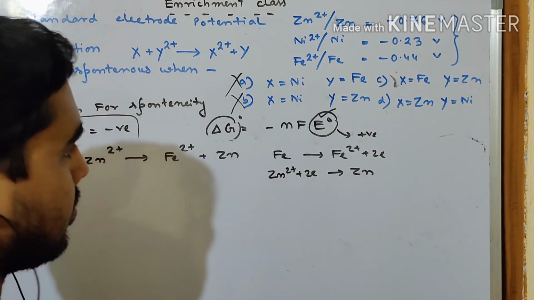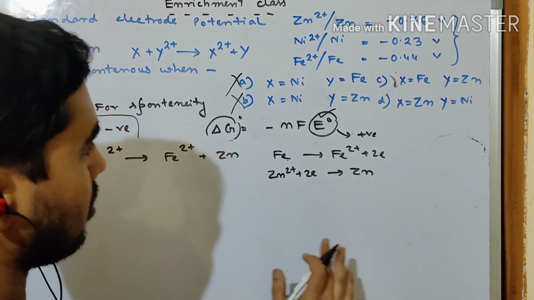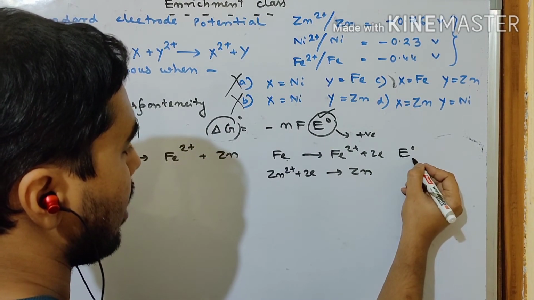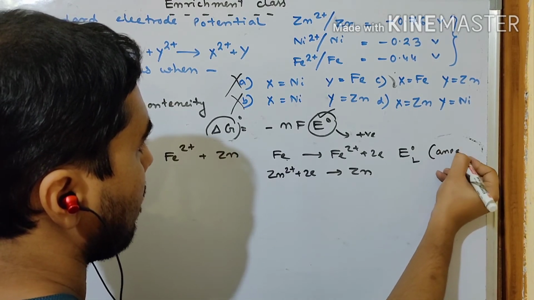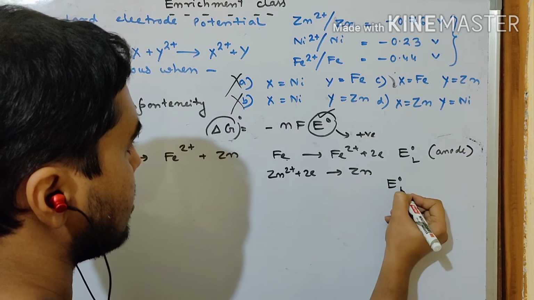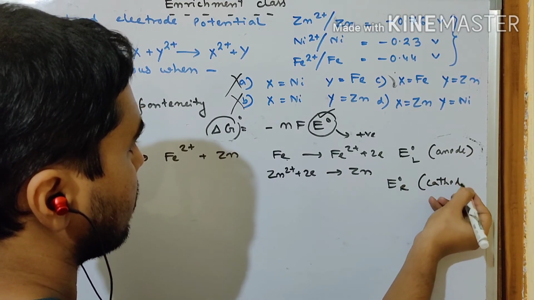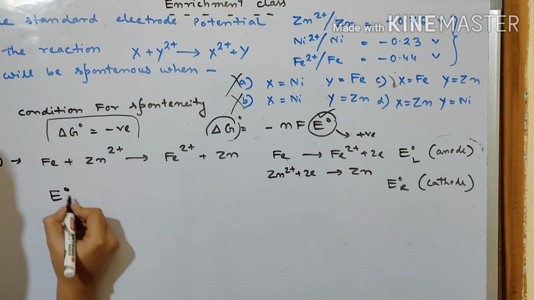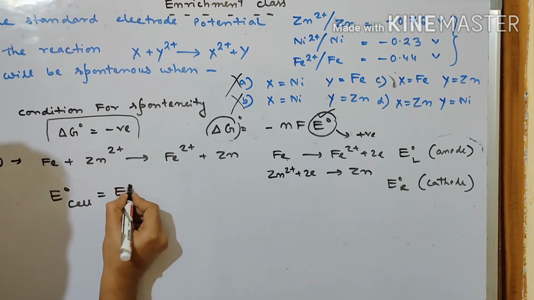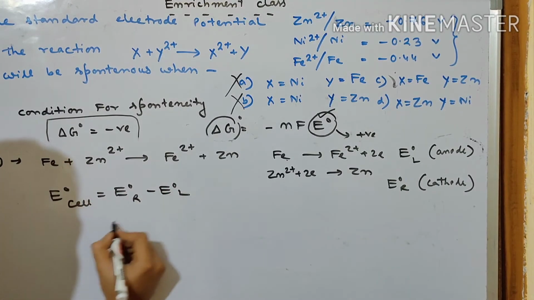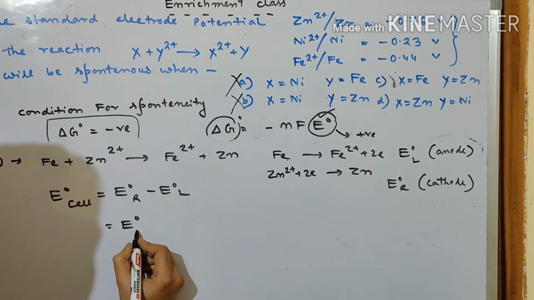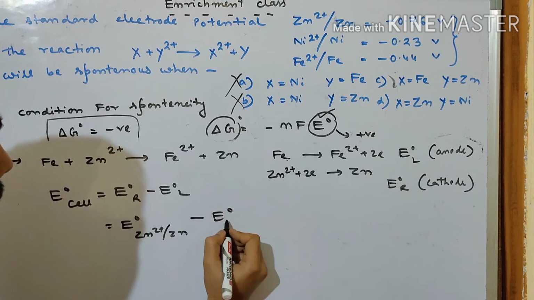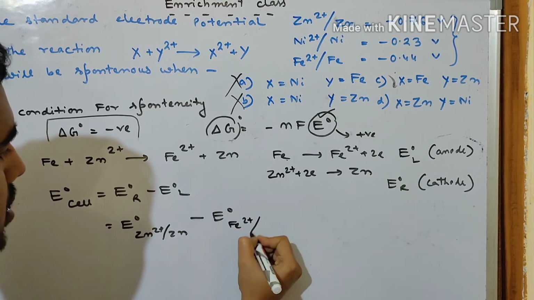According to this equation, since it is losing electrons, we should say it is E0L, which is anode, and this is E0R, which is cathode. Now same thing, E0 cell should be E0R minus E0L. That means E0R, that is Zn2+/Zn, minus E0L, that is Fe2+/Fe.